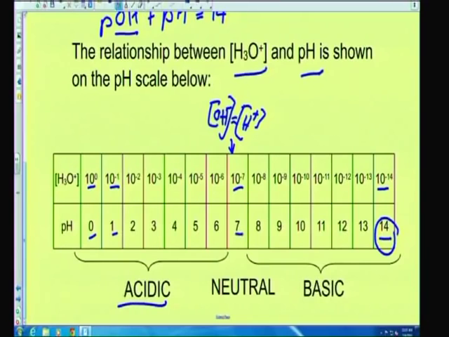In the same way, to a solution of water, we add sodium hydroxide. We're going to make it more basic. The hydroxide ions are going to increase and the hydrogen ions are going to decrease. There's always going to be that product.